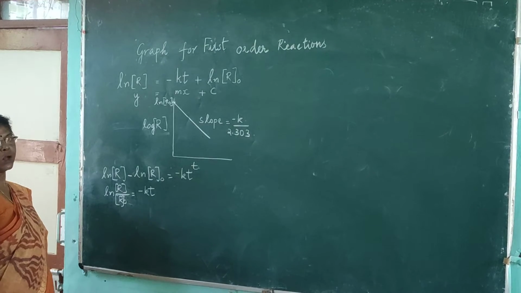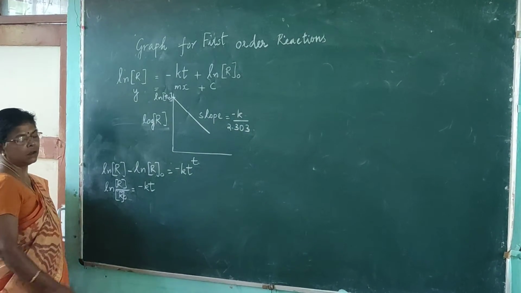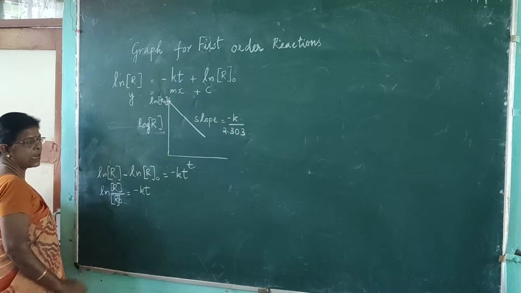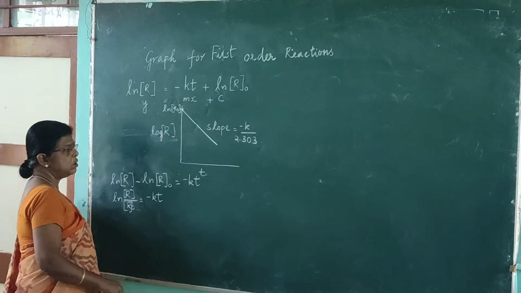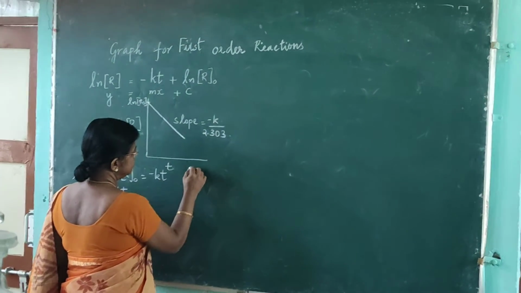So you can plot this also. This is also a straight line equation. So what will be the nature of the graph?